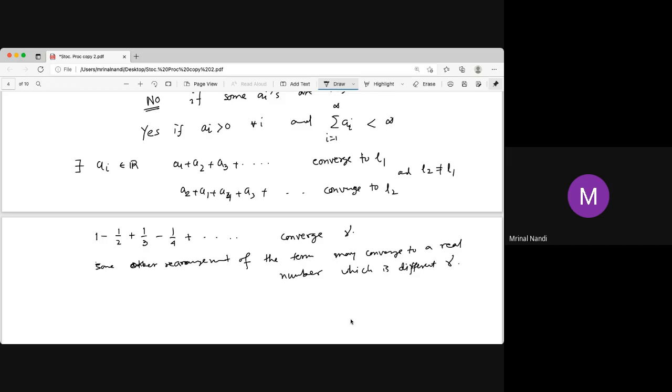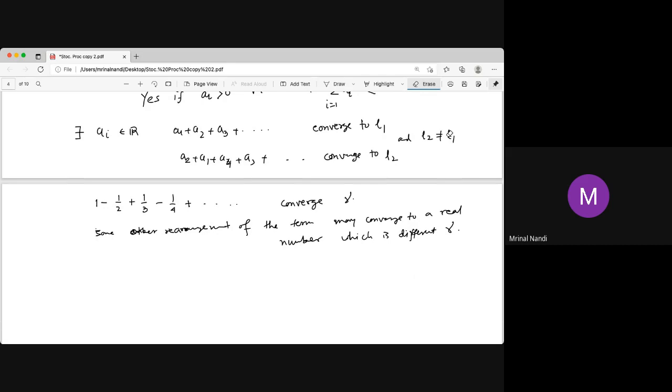This may happen, in a sequence which converges but is alternatingly positive and negative. If you rearrange the terms, it converges to a different number.